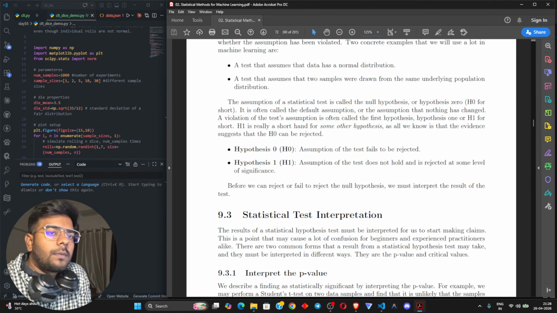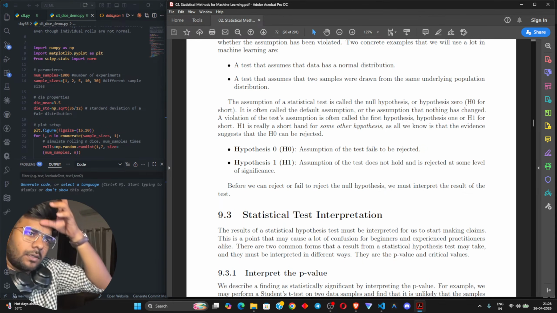Shorthand, some other hypothesis, is also known as the evidence suggests that H0 can be rejected. Hypothesis 0, H0: the test fails to be rejected.